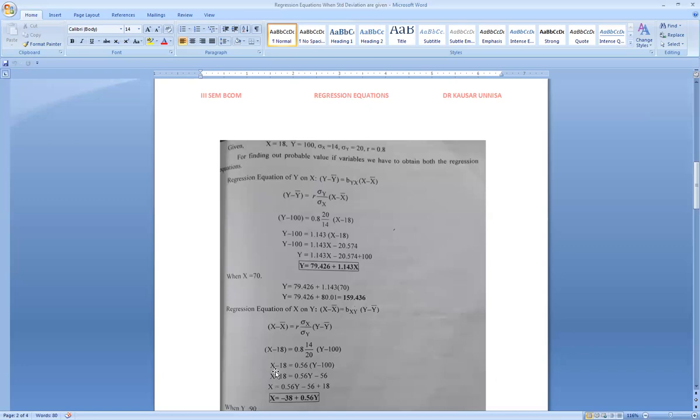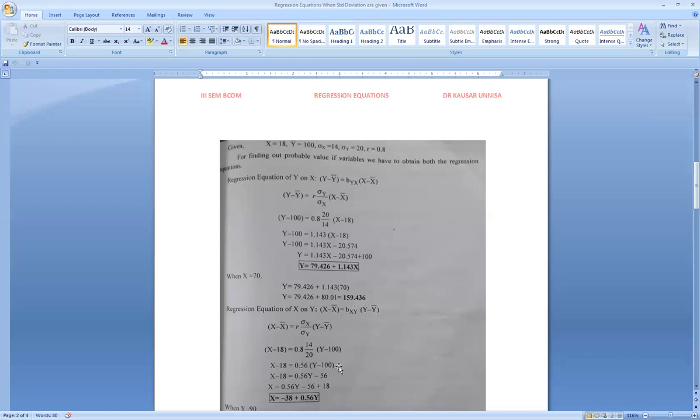Now we have to simplify the values by removing the brackets. x minus 18 equals 0.8 into 14 divided by 20, or 14 by 20 into 0.8, the value is 0.56. The overall value of r into standard deviation x by standard deviation y is 0.56, into y minus 100.